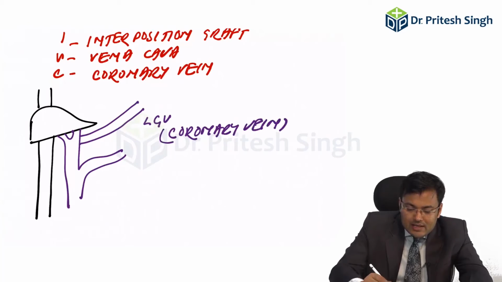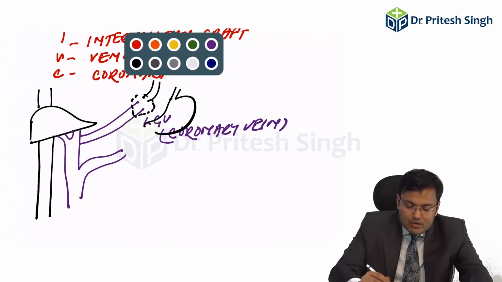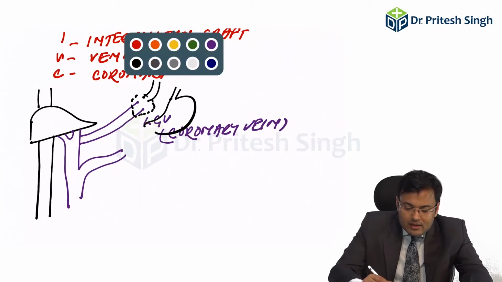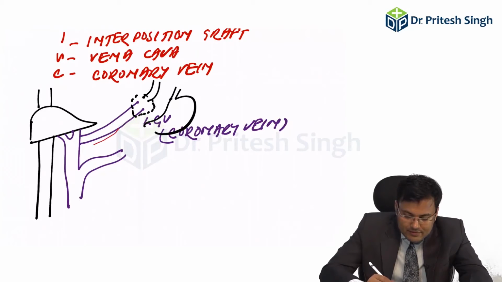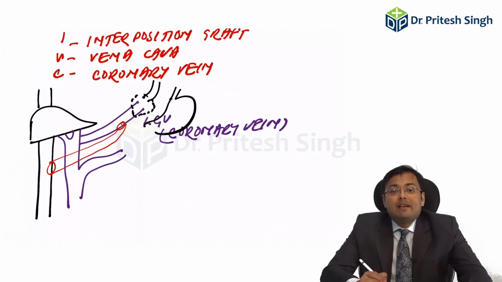And you know that there is portosystemic anastomotic site at G junction. So this is G junction. What we are going to do, we are going to attach one graft from the left gastric vein to IVC. So there is one interposition graft between this left gastric vein and IVC.